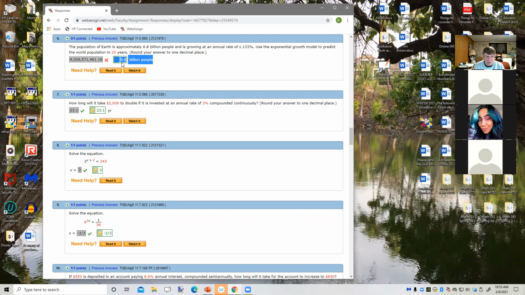Now, the answer they wanted is 9.0 billion people. It said round to 1 decimal place. If you take the answer that the student got, but you write it in billions, it would be 9.0 billions. So they probably did their calculations correctly. It's just that they need to pay a little more attention to how to write it. And I know that's tricky. Having said all that, do you want me to do the problem, or are you okay with it?